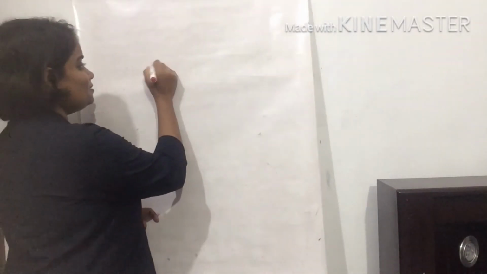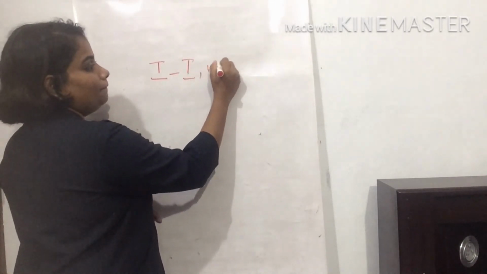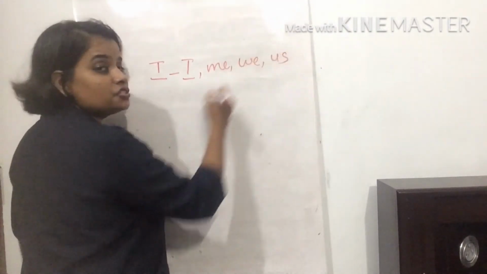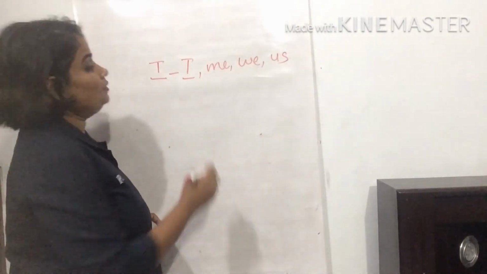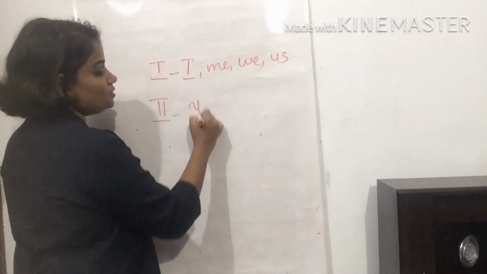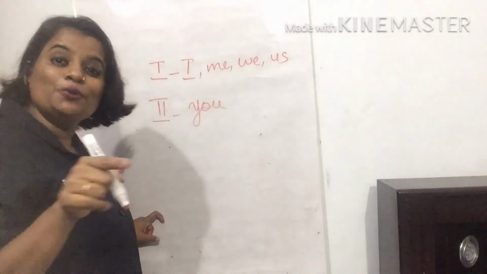As for the first person, second person and third person, do you know who is the first person? Yes, let us check. The first person is I, me, we and us. Then the second person is you. That is you people.